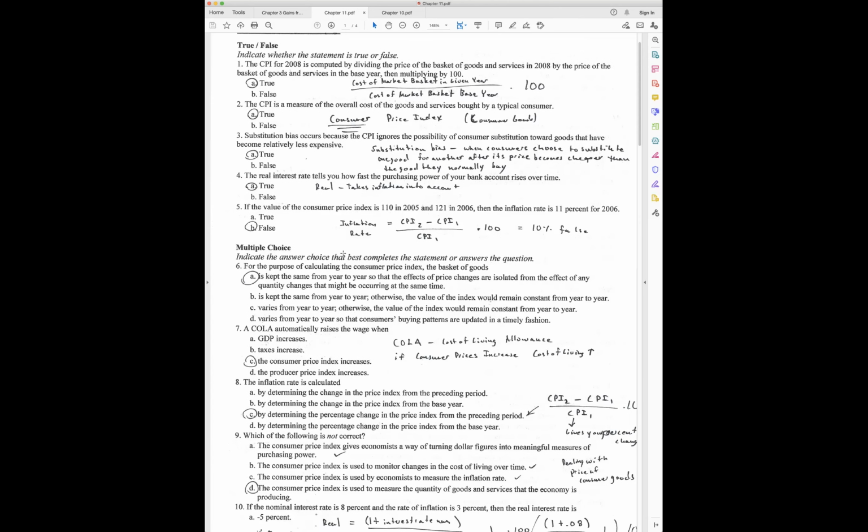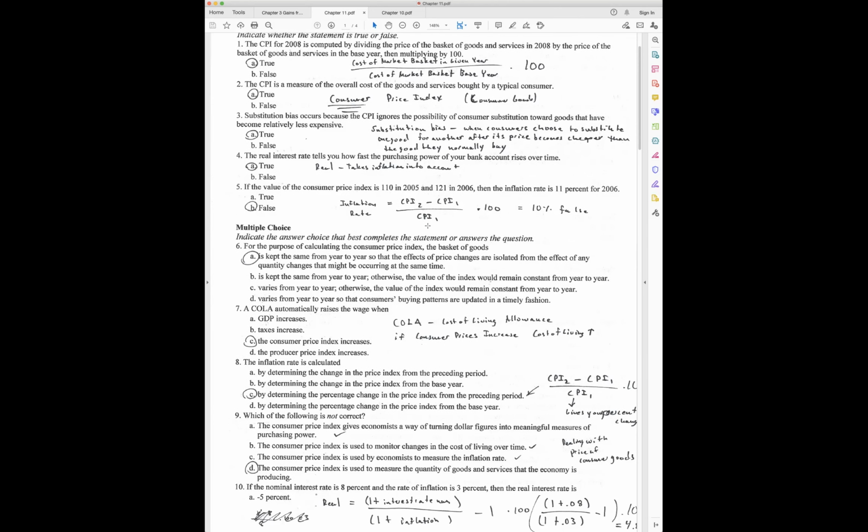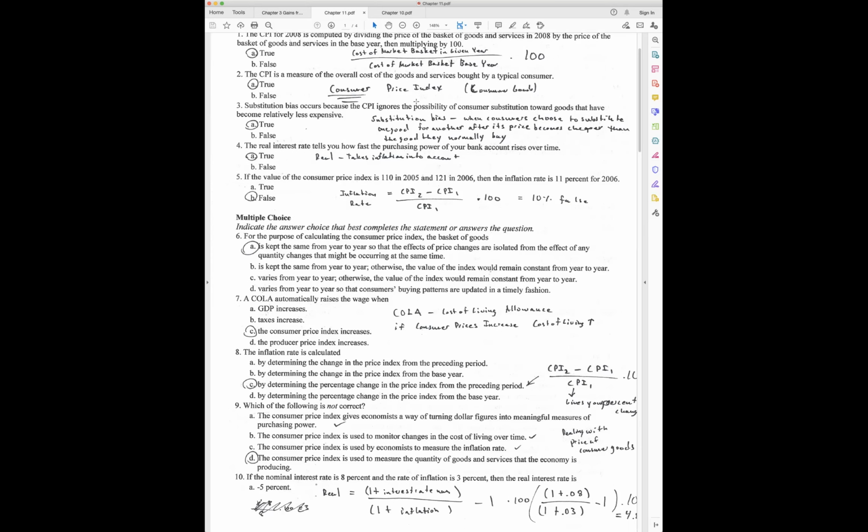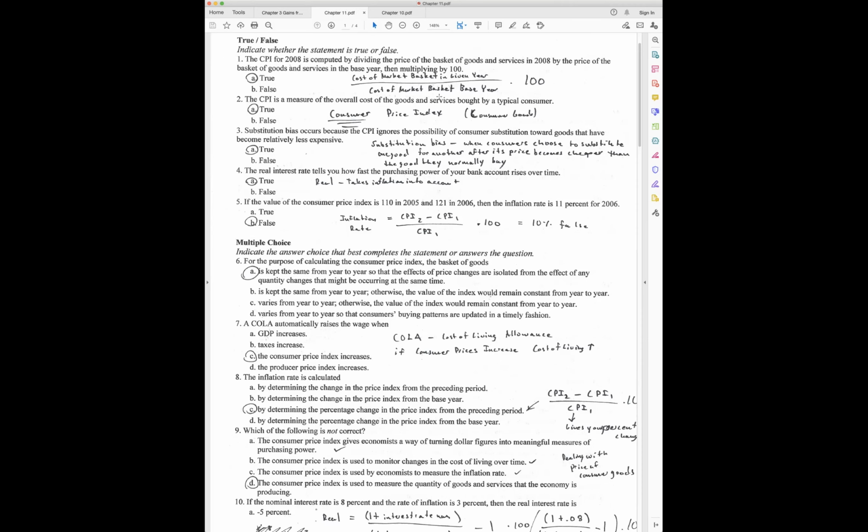The reason the CPI is good is because it helps us give the inflation rate. If we have a market basket indexed for price, we can use it, because this inflation rate is nothing different than a percentage change formula, just like Alex explained in the GDP deflator chapter.